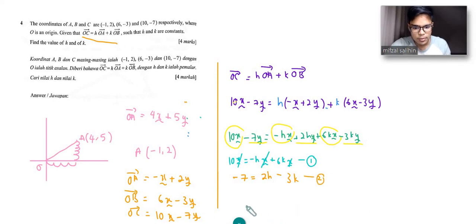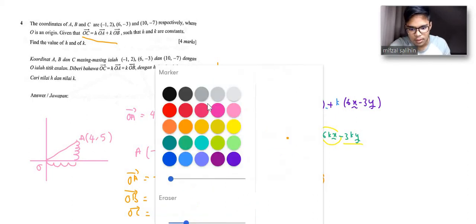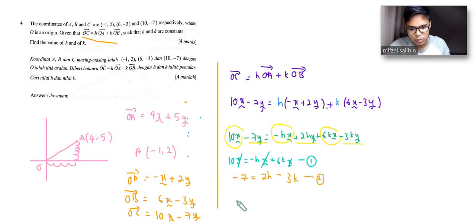Next, we can do simultaneous equations to solve the value of h and the value of k. From equation 1, we can make h the subject: h equals negative 10 plus 6k. So here is our third equation.